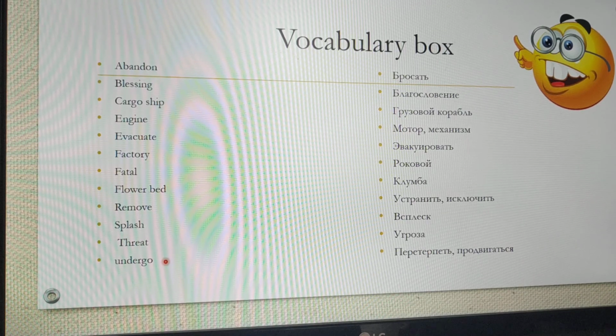Now you have 1 minute to rewrite the words into your vocabulary.